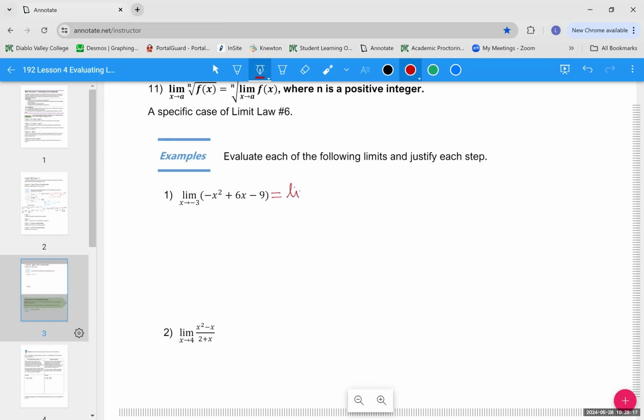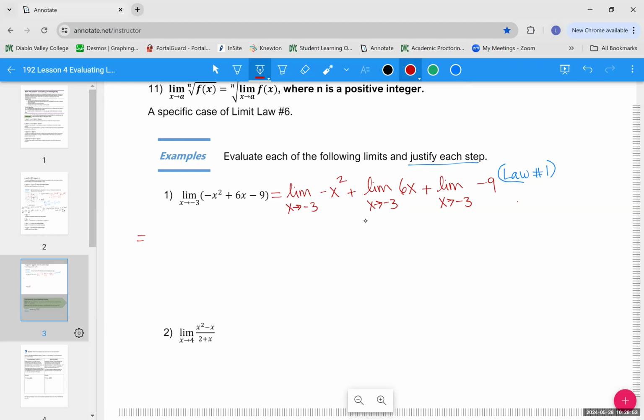So we will break it into the sum of the 3 terms. And if we were going to identify, that would be the first law, law number 1. Again, it says justify each step here, so I'm just outlining which law I used in that step.